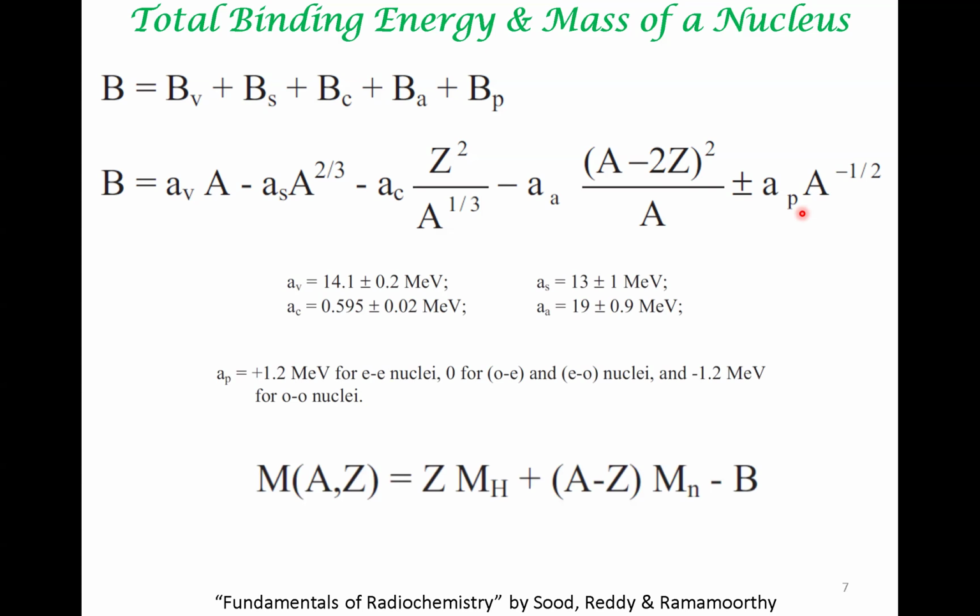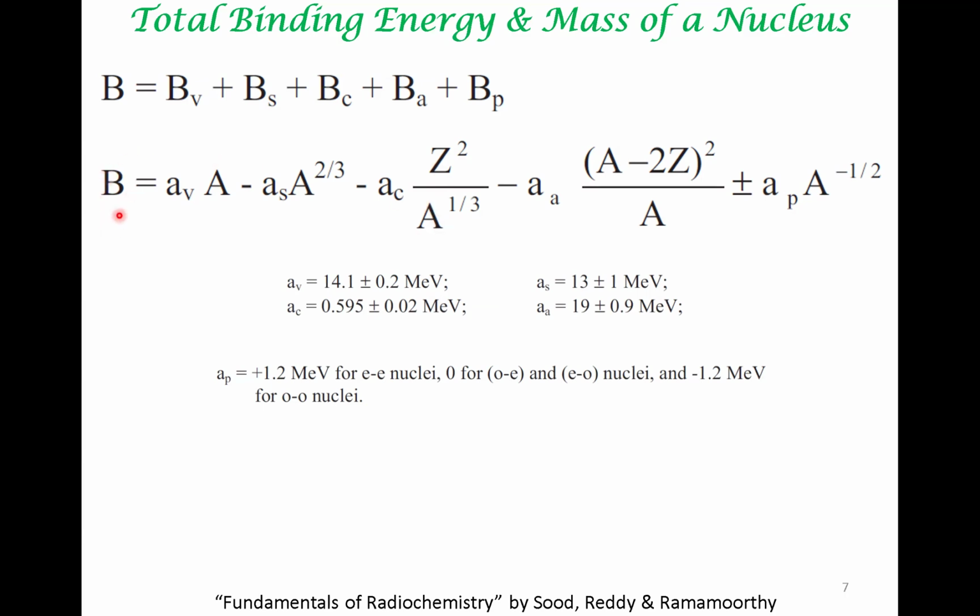Once you have these constants, what can be done? This is a very powerful formula, right? Once you have the constants, B is just a function of A and Z, right? For any atomic number and for the relevant atomic weight, we have a general formula for binding energy. So this is a very powerful result, right?